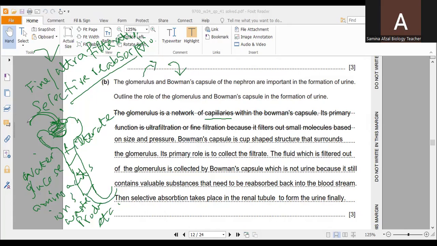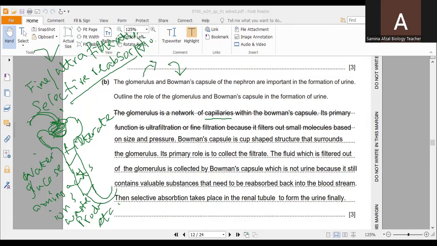So everything smaller in size will be in the filtrate. The filtrate will be collected by the Bowman capsule, which is a cup-shaped structure. It surrounds the glomerulus, and its primary role is to collect the filtrate.